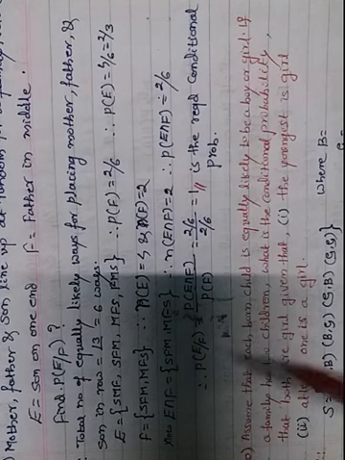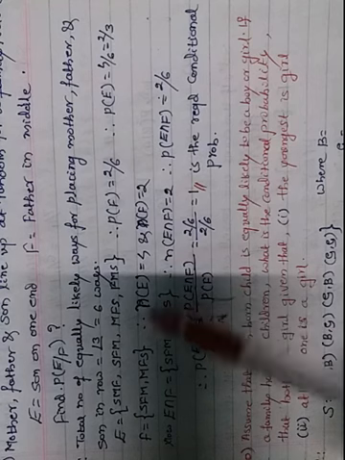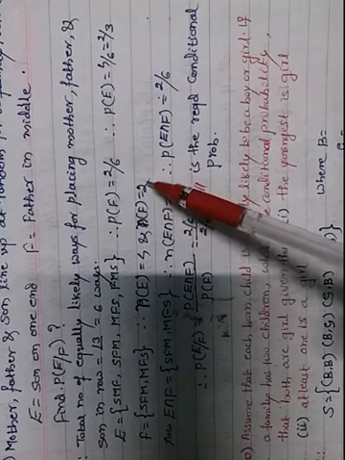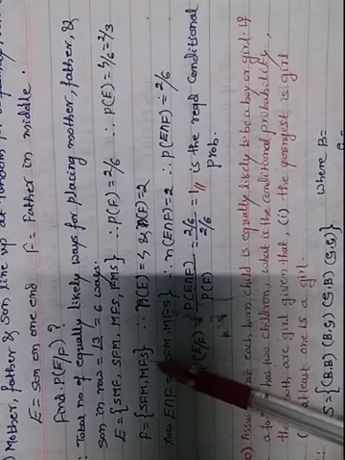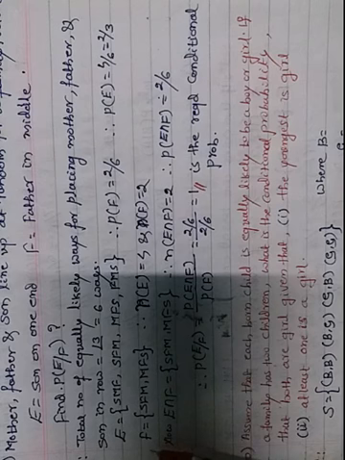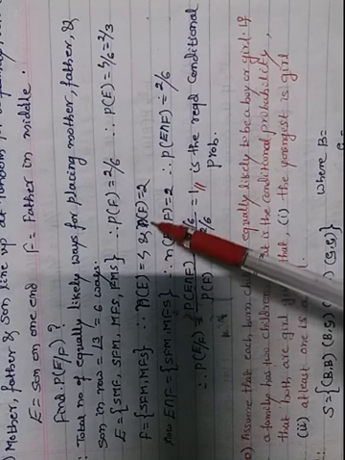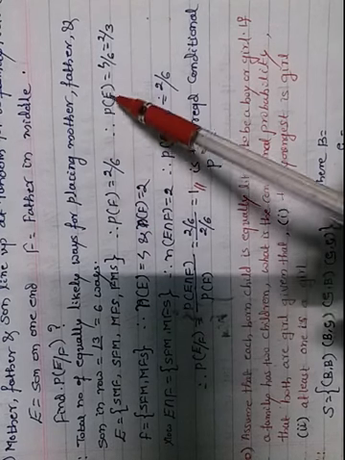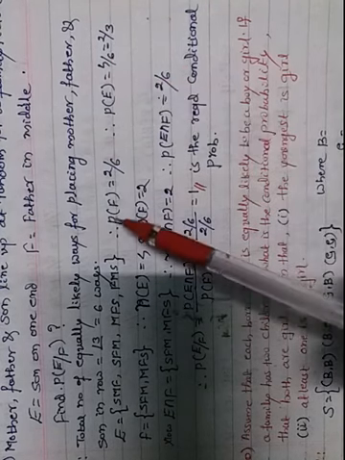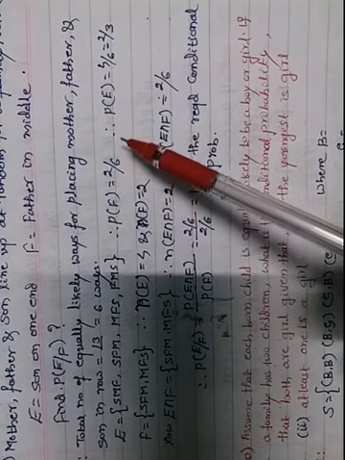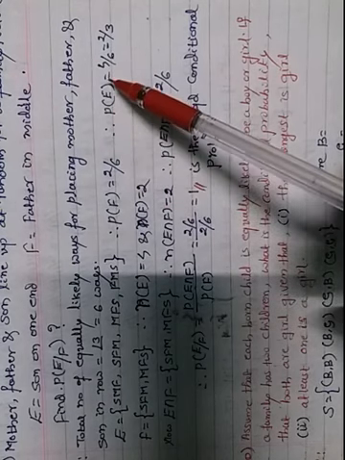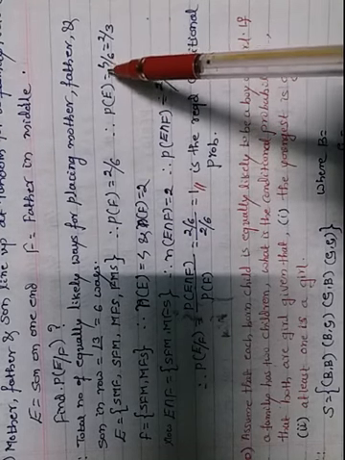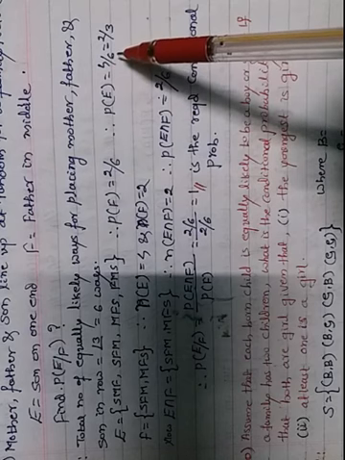Here, N of E equals 4 because there are 4 outcomes from the event E. N of F equals 2 outcomes from the event F. With the help of this, I have to find the probability of E and the probability of F. Probability of E is the common formula: number of favorable events divided by total number of events.